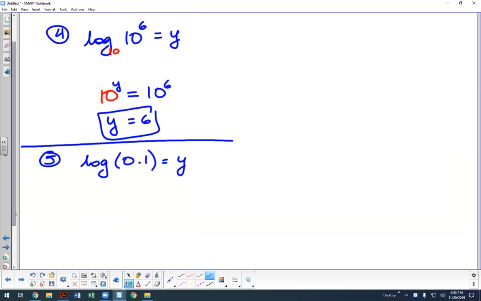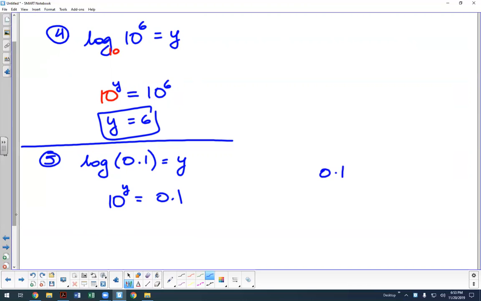Again, that 10 is not mentioned here, but 10 to the y equals 0.1. Now, how can we write 0.1 as 10 raised to some exponent? Think about it a little bit. 10 to the negative 1. So this is where it's coming from.